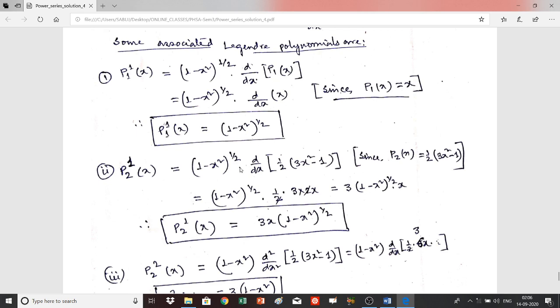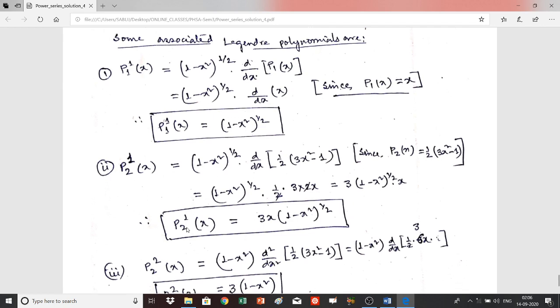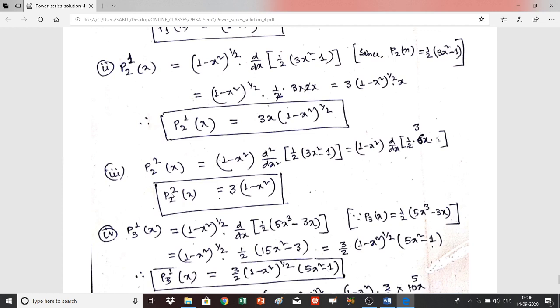P2(x) is the second order Legendre polynomial, that is equal to half into 3x square minus 1. So it is written that P2(x) is equal to this. So after simplification, you will get 3 into 1 minus x square to the power half into x. So P2^1 is equal to this. And now P2^2(x) is also calculated here.